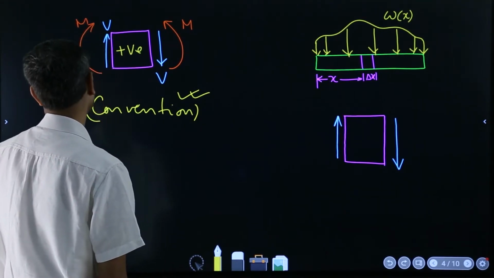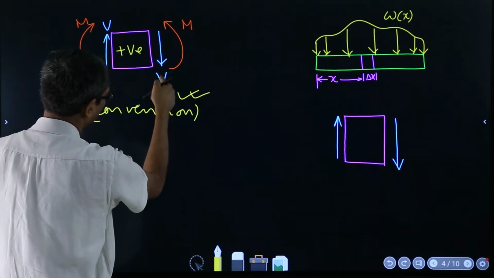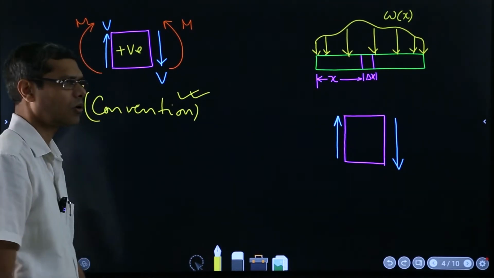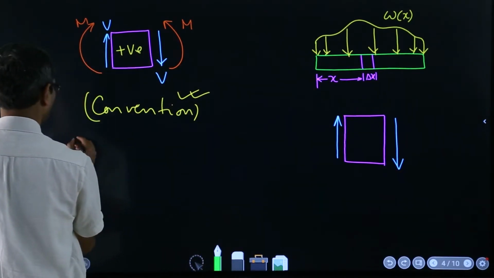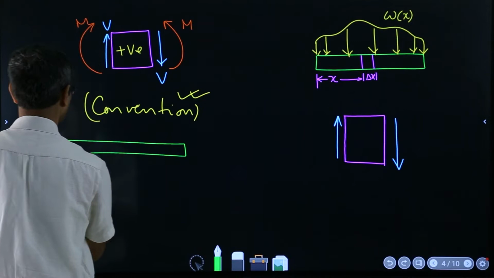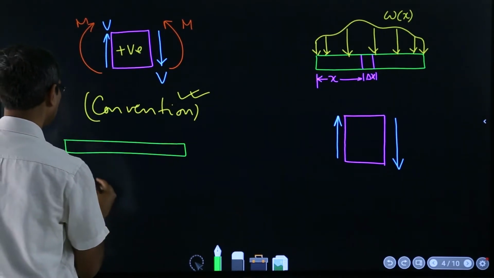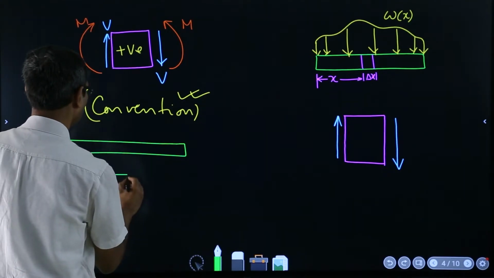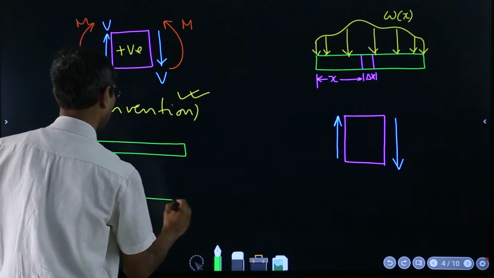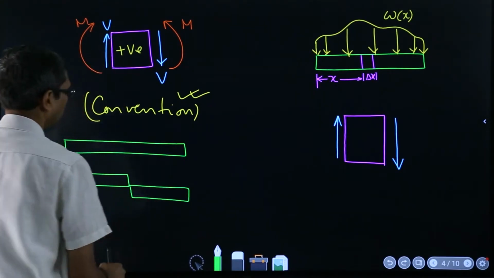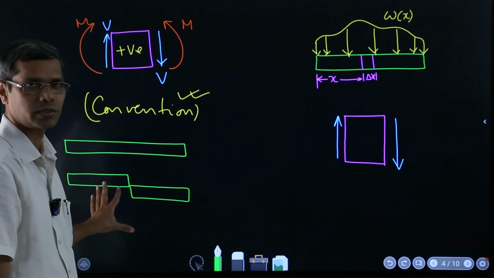For me, this V is a bit non-intuitive in a sense. Suppose there is a beam like this. The positive sense of shear force is telling you that when the beam slides like this at a particular location in shear, if it fails like this, that is considered positive.